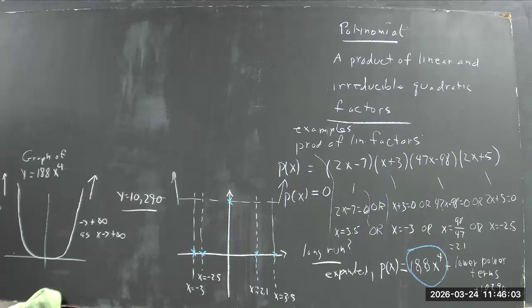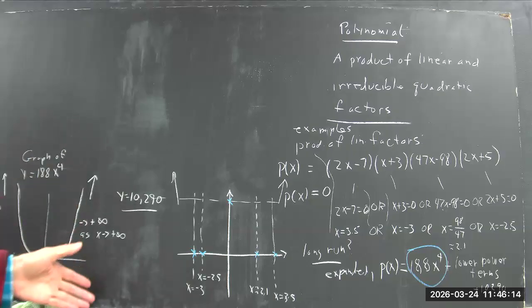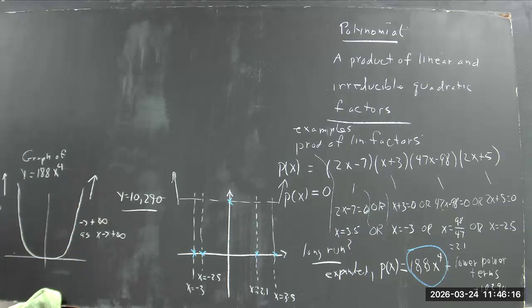This is where we zoom back, maybe not that far, to where x equals negative 10 here and x equals 10 here. If x equals 10, x to the fourth is 10,000, and your y values would be close to 2 million.